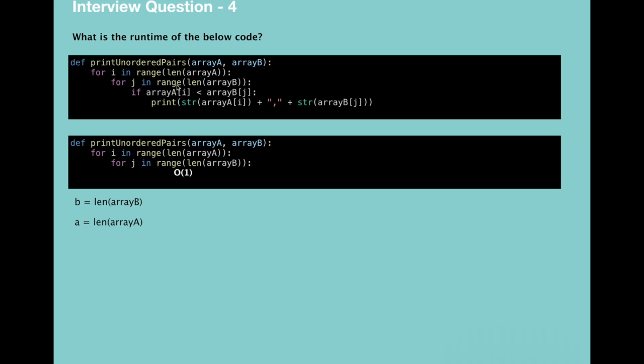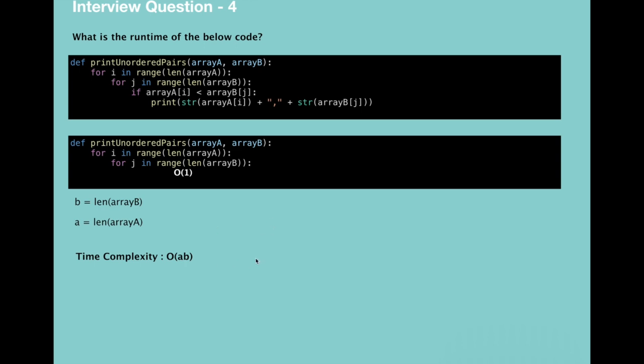For each element of array A, the inner loop goes B number of iterations. If A is the length of array A and B is the length of array B, then the runtime is O(AB). Many students here think that this should be a quadratic time complexity.